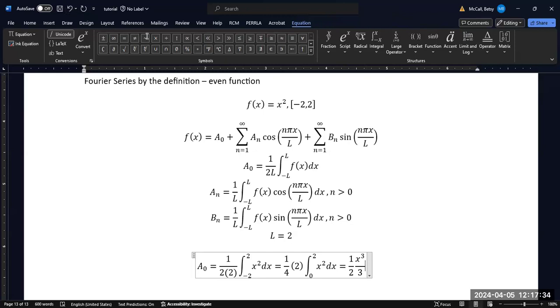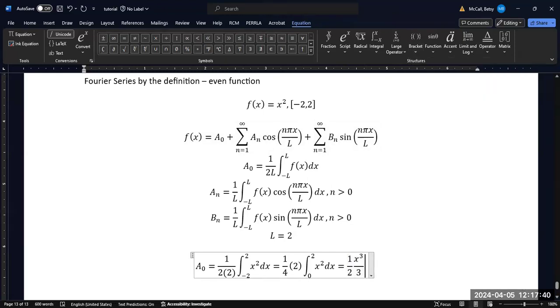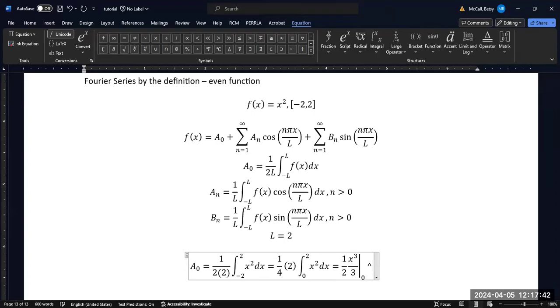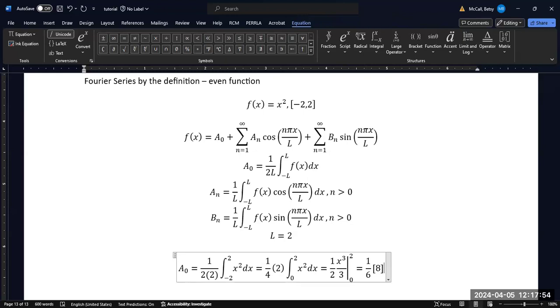from 0 to 2. And so that's going to give us 1/6. And if I plug in 2, I'm going to get 8. And 0 will give me 0.